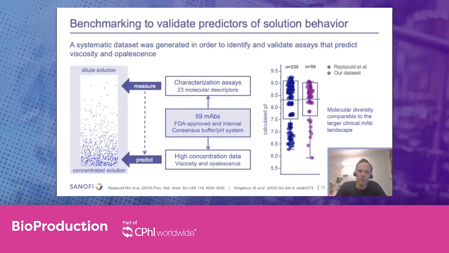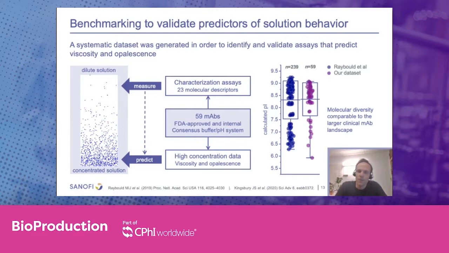The results here are a set of 23 molecular descriptors that are all potentially individually or in combination predictive of the high concentration data. So we generated the high concentration set and the low concentration data set, and then looked for relationships between the two.